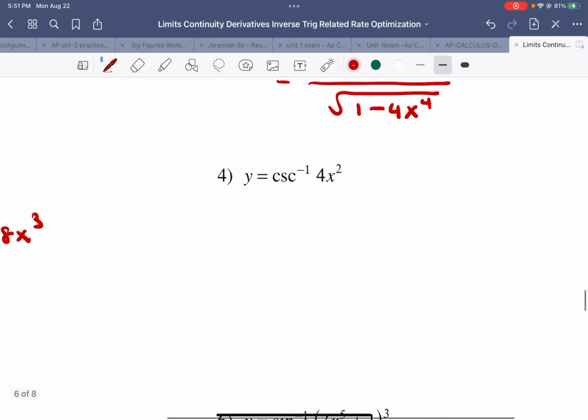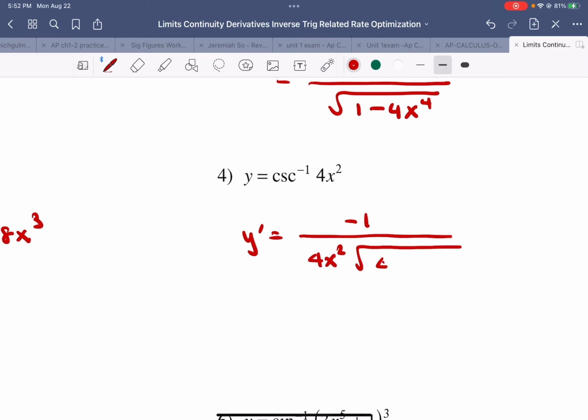Now number 4. When you take a derivative, inverse cosecant is negative 1 over absolute x times the square root of x squared minus 1. But for 4x squared, you don't have to put the absolute value because that guarantees positive. So 4x squared times the square root of 4x squared minus 1. But don't forget also the chain rule: the derivative of 4x squared is 8x.